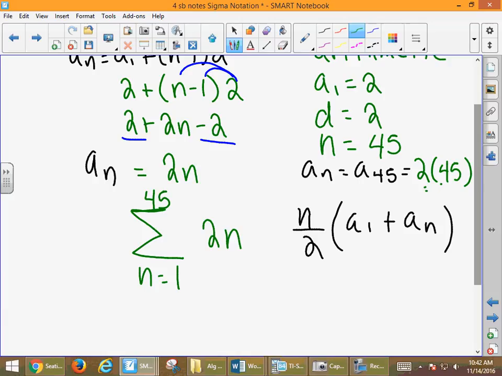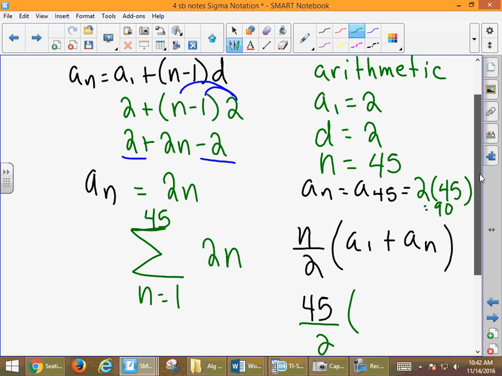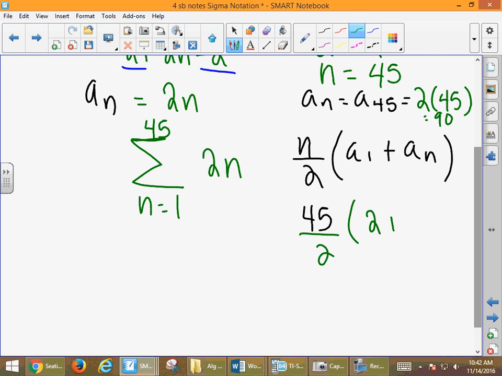And 2 times 45 is 90. And we can fill this in. 45 divided by 2 times our first value, which is 2, plus our last value that we're counting is 90. And without using the calculator here, hopefully somebody's checking me, we end up with 2070.